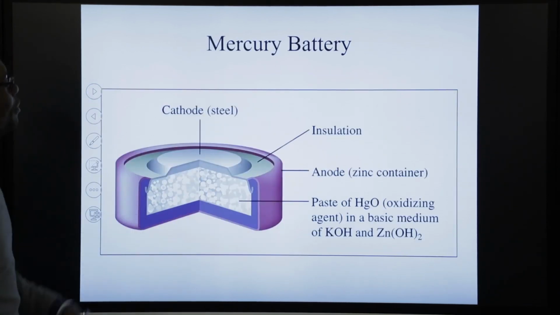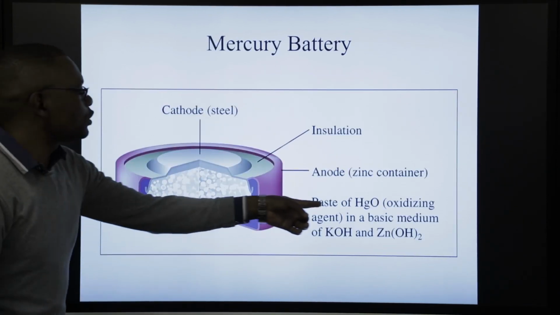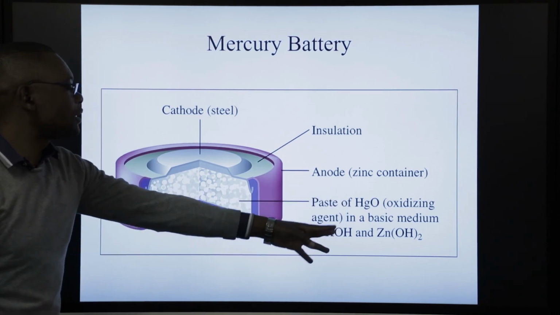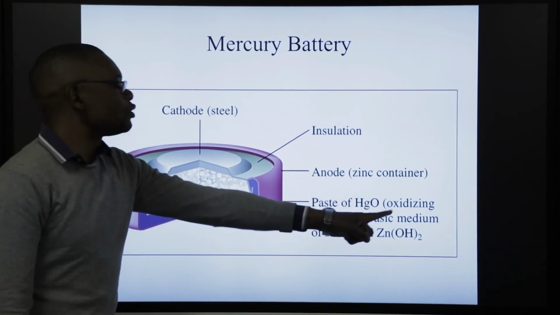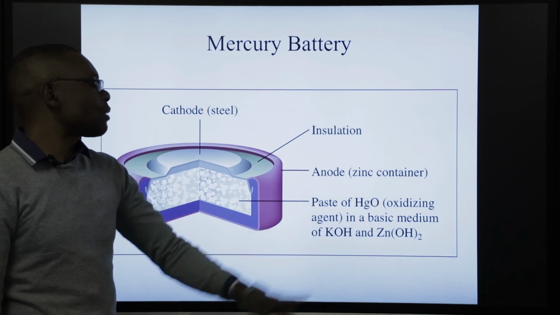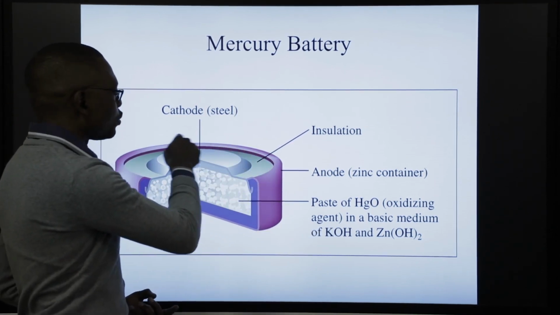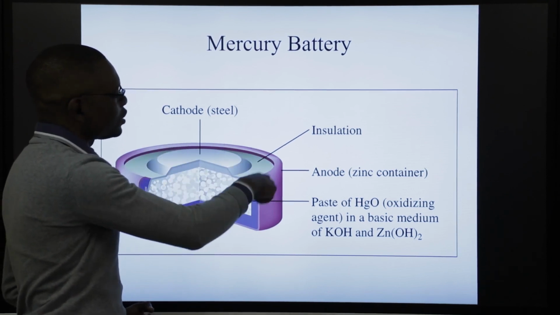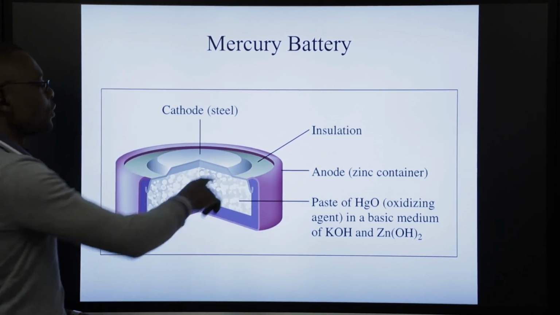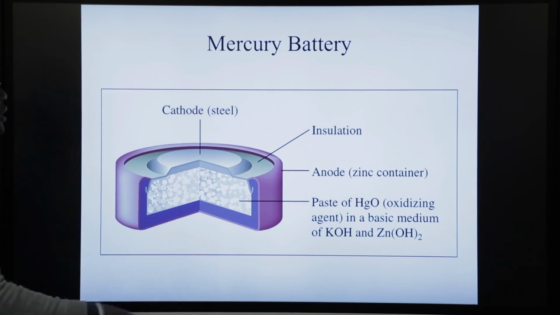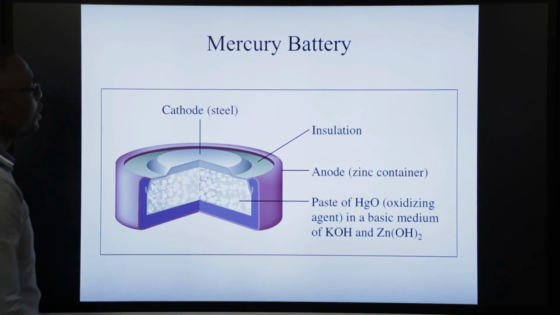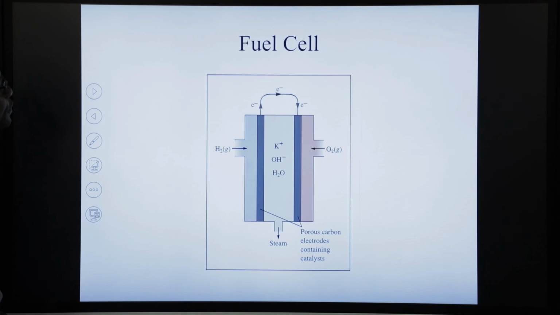Here's another, a mercury battery, where we have got a paste of mercuric oxide, which is an oxidizing agent, mixed in a basic medium of potassium hydroxide and zinc hydroxide. The anode is this whole outside casing of zinc container with an insulation in between to make it less dangerous.